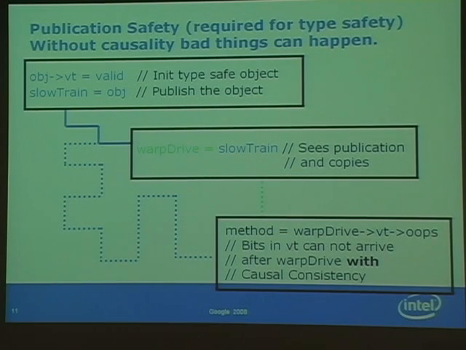By publishing, you place it inside of a globally accessible location. In this case, I'll call it slow train. Okay, and then sometime later, the value of slow train arrives at processor 1, and he stores that in something called warp drive. Obviously warp drive is named to indicate that it might get someplace faster than the slow train.